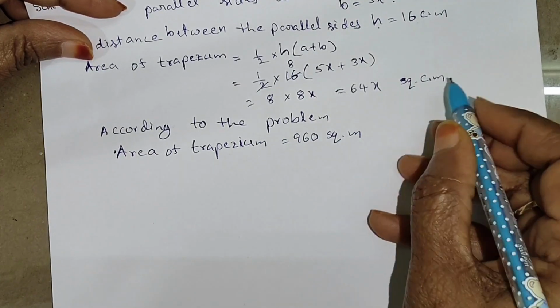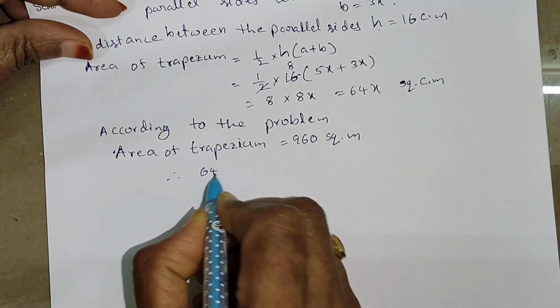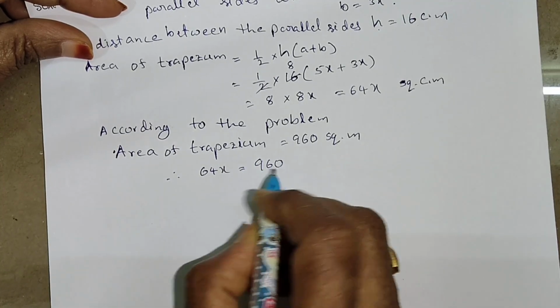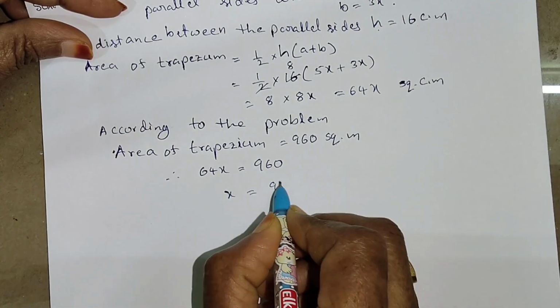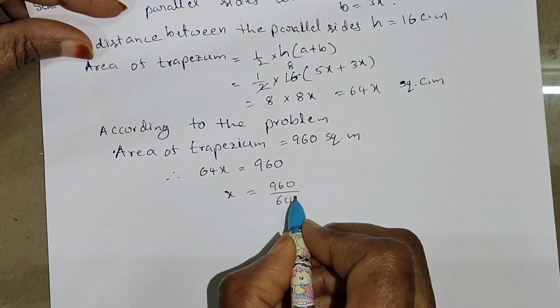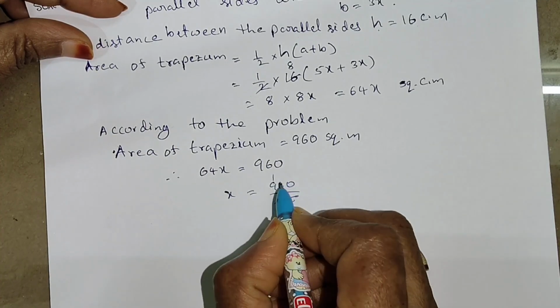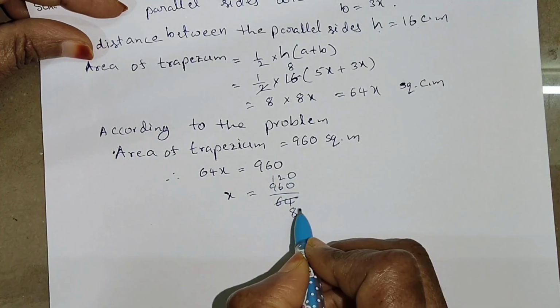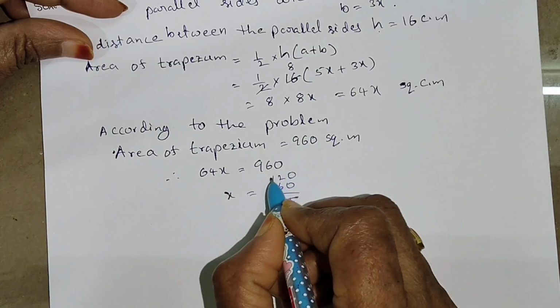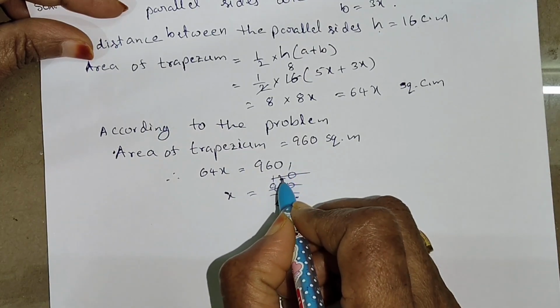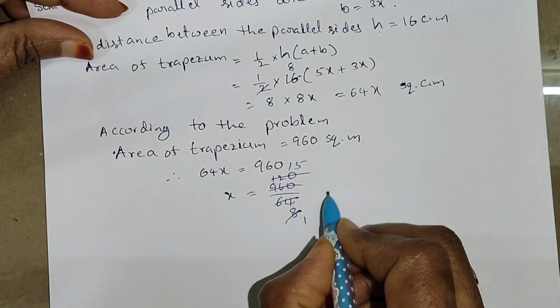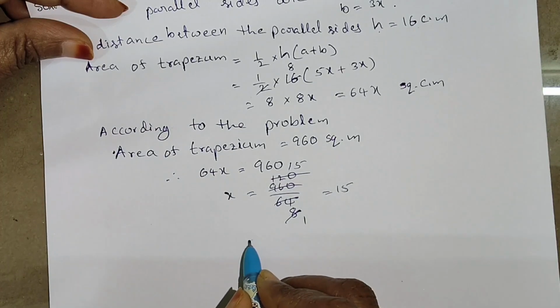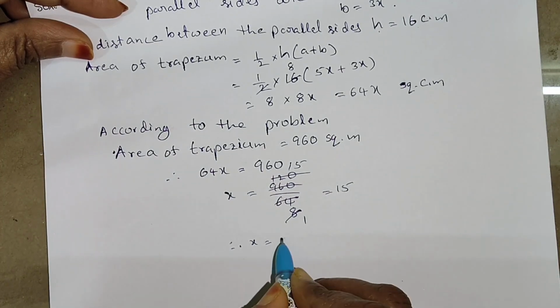So these two are equal. So therefore 64x equal to 960. x equal to, we write 960 by 64. So 8 8s are 64, 8 1s are 8, 8 2s are. So again we take 8 table, 8 1s are 8, 8 5s are 40. So that equal to 15. Therefore x equal to 15.